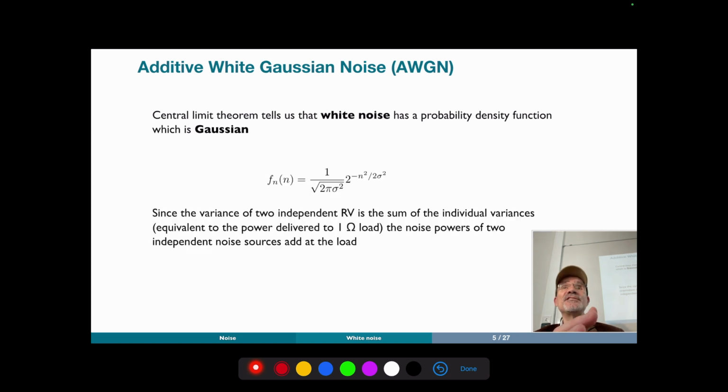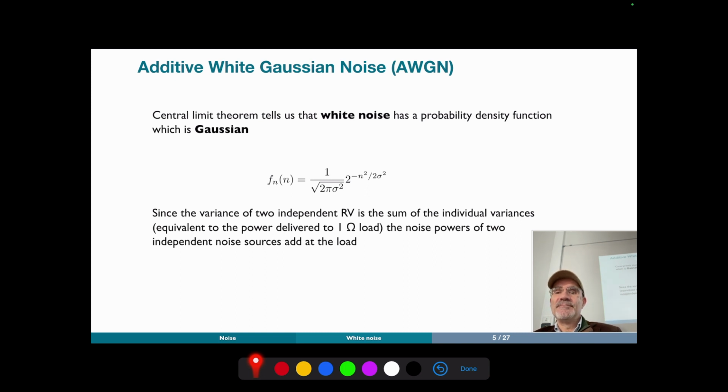Okay? And since the thermal noise is a result of the vibration of atoms, and since the combination is a result of the vibration of a very large quantity of atoms, right? And the current flowing in the resistor depends on the vibration of the atoms. At a certain temperature, it tends to follow this Gaussian distribution, which is given by this equation here. Okay.